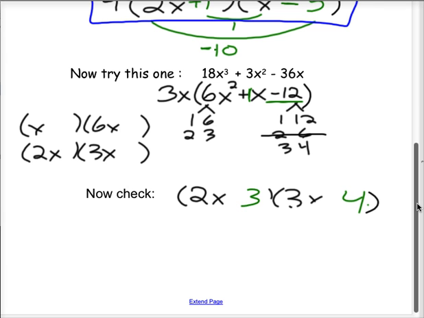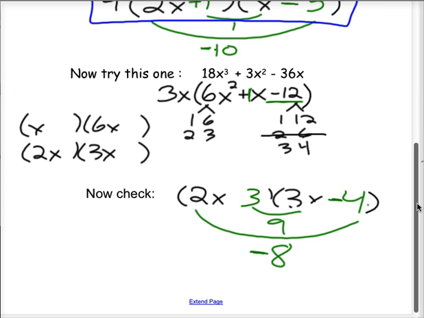So 3 and 4. So here we're getting 8 and 9. All right, this is looking more promising because we know one of these needs to be negative, and that needs to be adding up to 1. So notice if I make this one negative, 9 and negative 8 gives us the positive 1 that we're looking for.